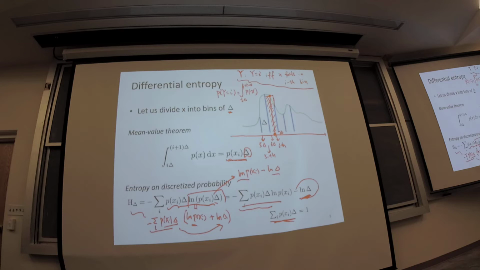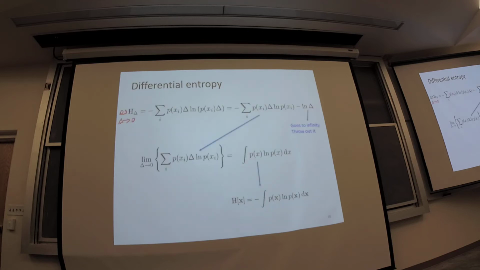And then the other term is just the summation over i of p(x_i) delta, which is actually the whole area covered by this probability density. It's 1. So minus logarithm of delta is not inside the summation. Yeah, because it's an entropy, you need to take the negative sign outside.